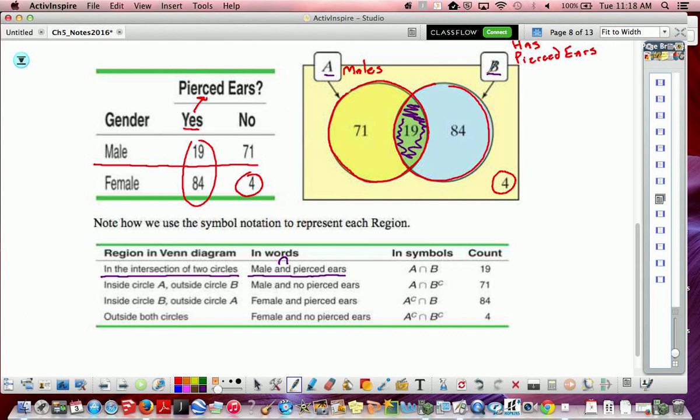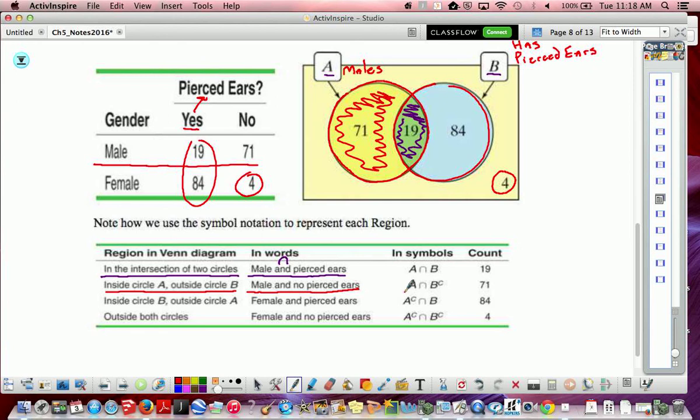So now, on the second one here, it says inside circle A, but outside circle B. So it's got to be inside circle A, but it's outside circle B. So it's this area that represents the number 71. Well, if I look at that area right here, it represents all the people who are males, but not pierced ears. So we're saying male and no pierced ears.